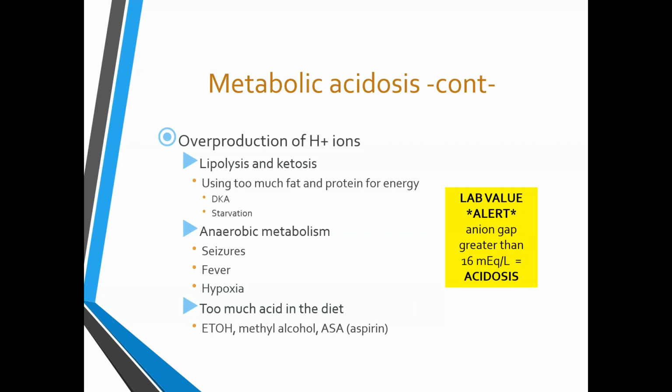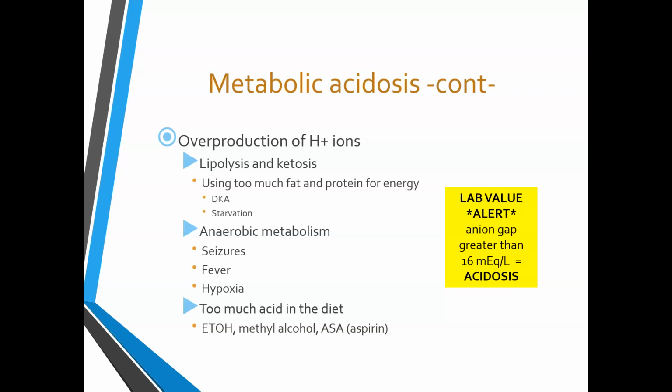Other ways that there can be an overproduction of hydrogen ions is through lipolysis and ketosis. And this is when the body uses too much fat and protein for an energy source. This can happen through diabetic ketoacidosis or starvation.